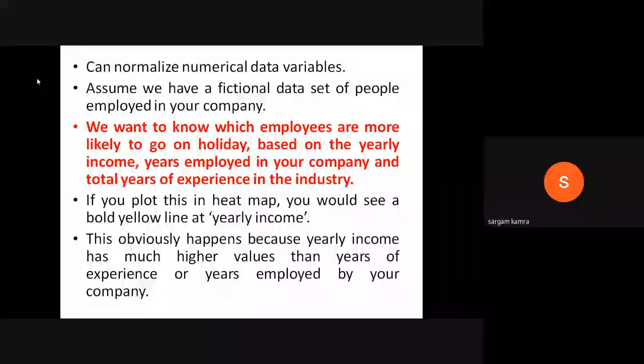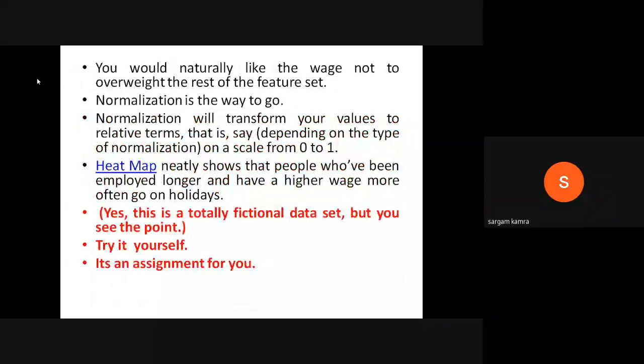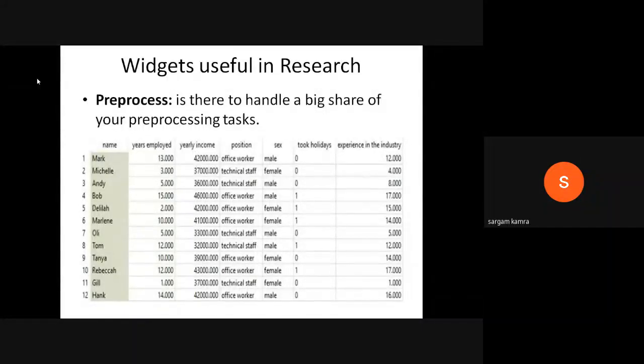For normalizing, there is another plot here. I will not show you by doing it; you can practice later on, but I will be showing the results now. You have to plot the heat map here. Now just see here, the wage, salary, yearly income 42,000. This is a very huge number, and years employed is a very small number. The computer doesn't know what is 42,000 and what is 13.